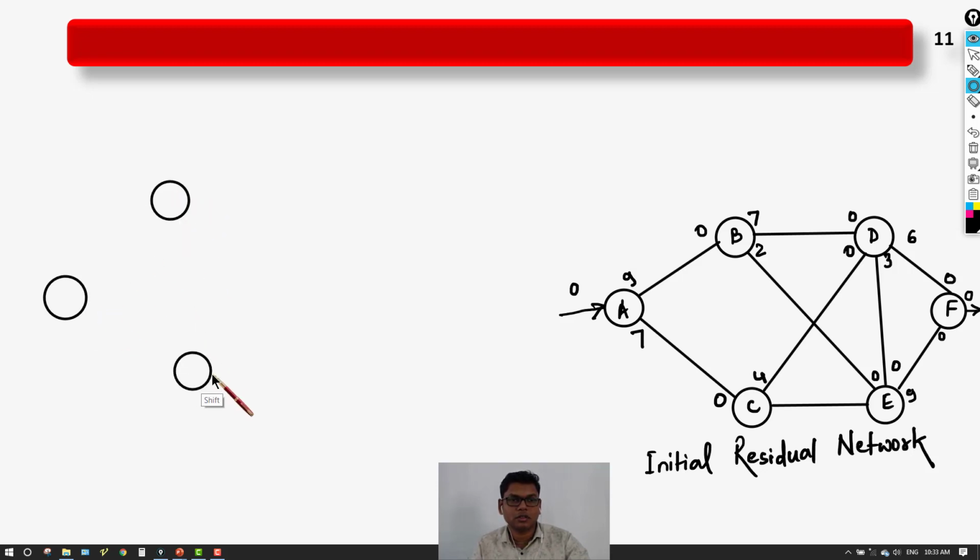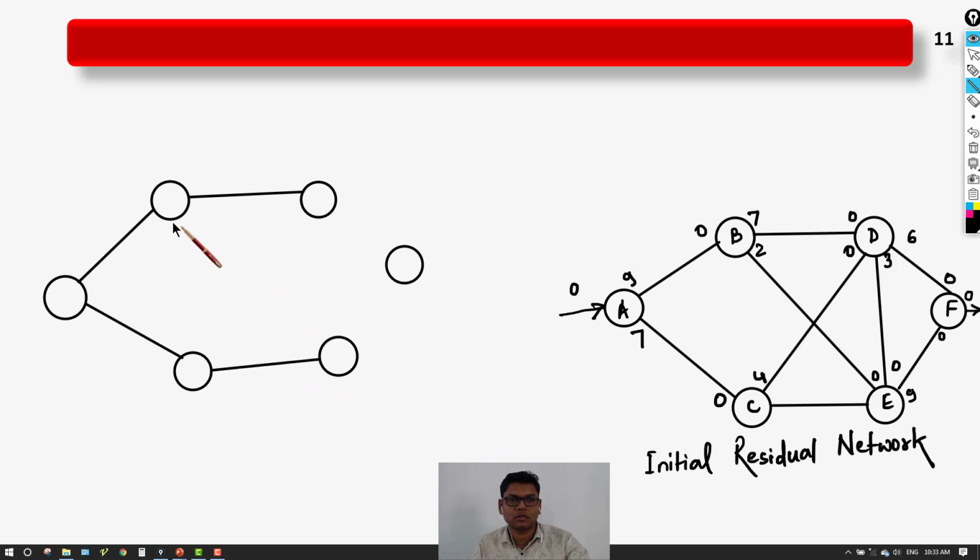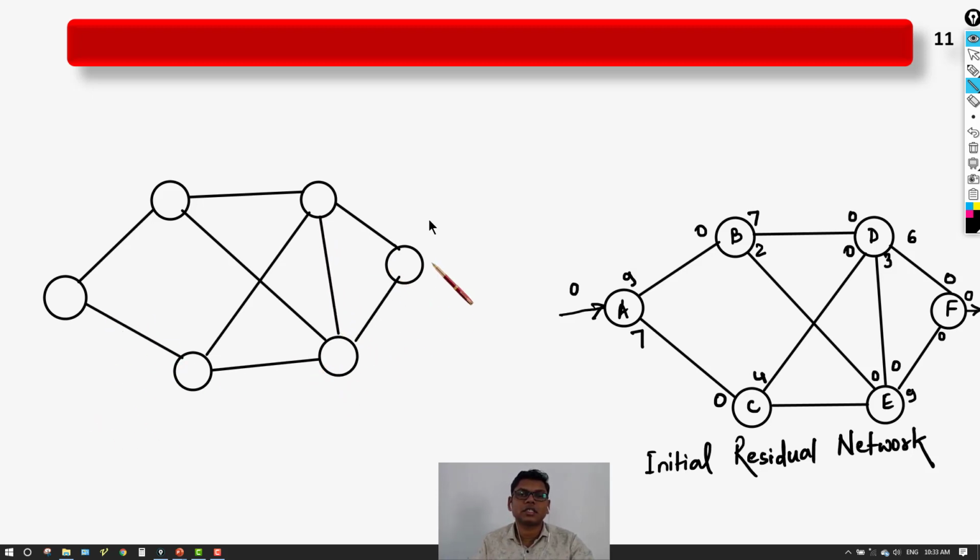So first we will draw A, B, C, D, E, F. See here, I have selected one, that is A, B, D and F. How many are possible? 6.